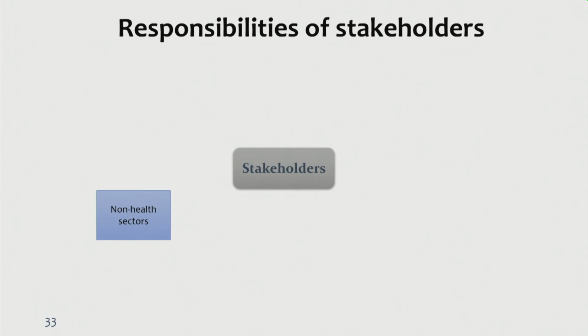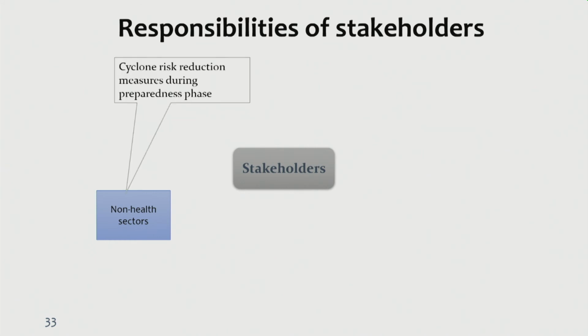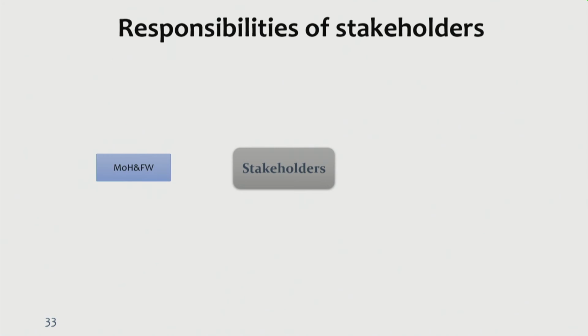The non-health sectors should take measures for cyclone risk reduction during the preparedness phase. This includes implementation of cyclone disaster risk reduction measures as outlined in the National Disaster Management Plan 2016 under cyclone and wind risk mitigation. The Ministry of Health and Family Welfare plays a vital role in the response phase. They have to mobilize medical assistance if requested by the states.